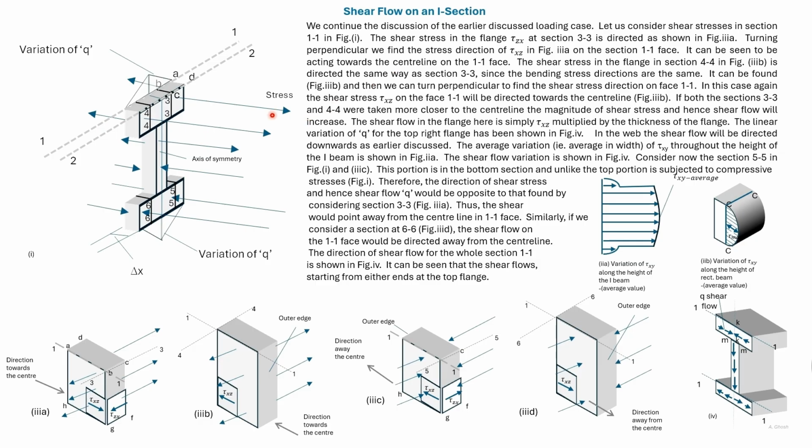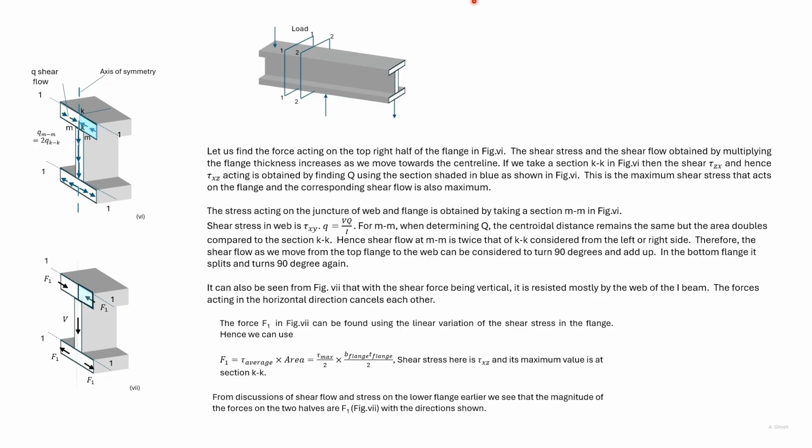As earlier mentioned, the variation of shear stress and shear flow in the flanges is linear. From previous discussions, we understand that the shear stress tau xz and the shear flow at both these edges are zero. They increase linearly as we move towards the center line.